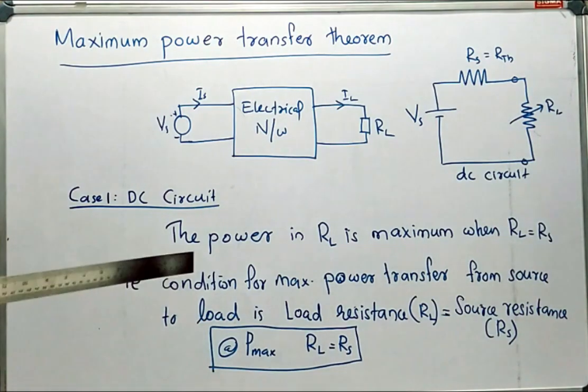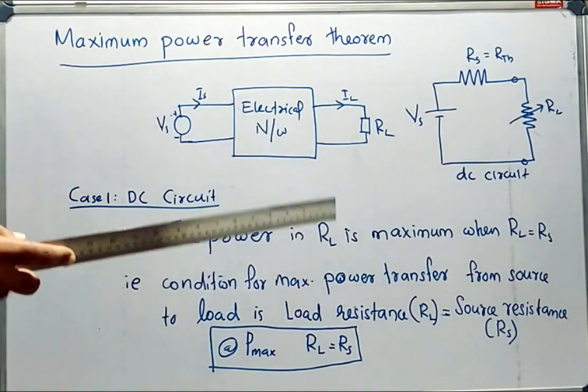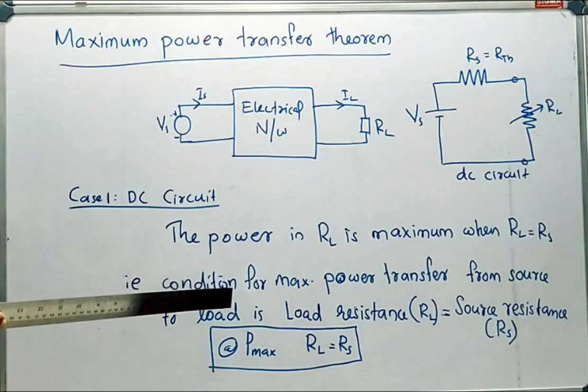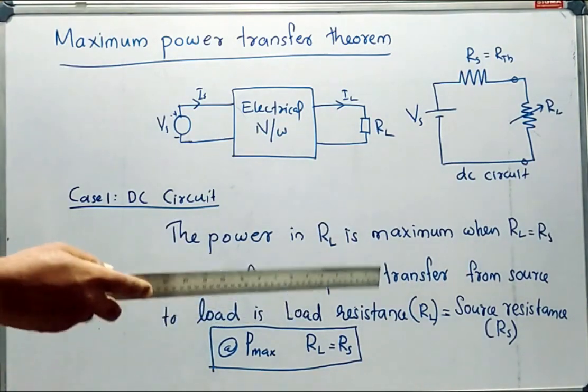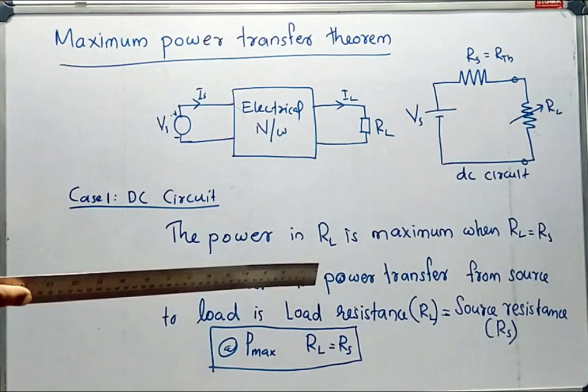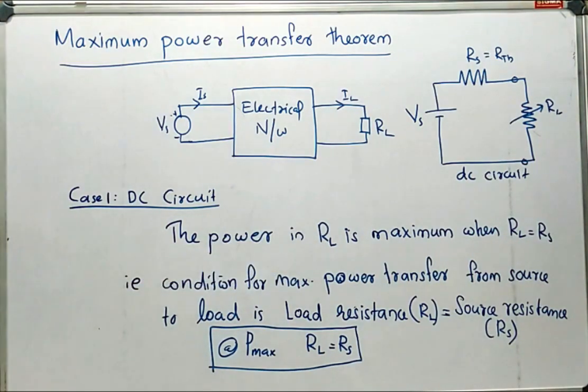That is, the condition for maximum power transfer from source to load is that load resistance RL is equal to source resistance Rs. So, we can state the maximum power transfer theorem in a DC circuit in this manner.